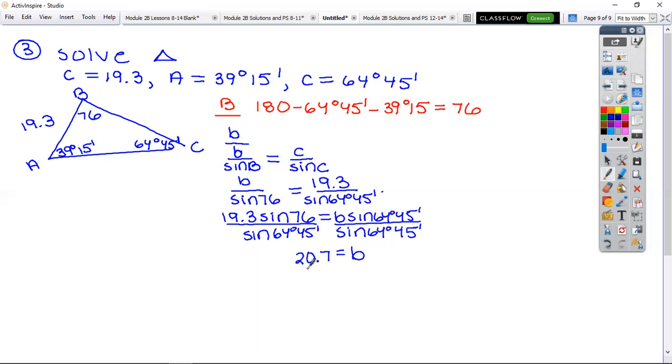And then last, I'll just do this one quick because it looks like you guys are comfortable with that part. So last, we need little a. Law of sines once more. So to solve for little a, I'll do that over here.